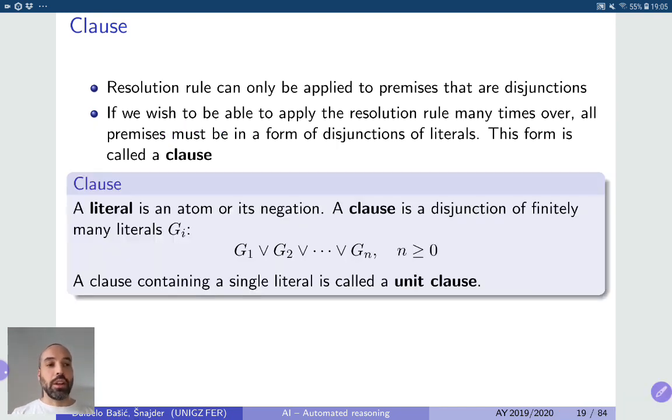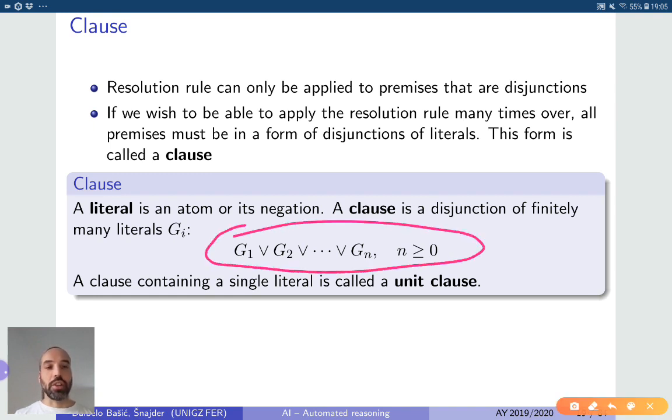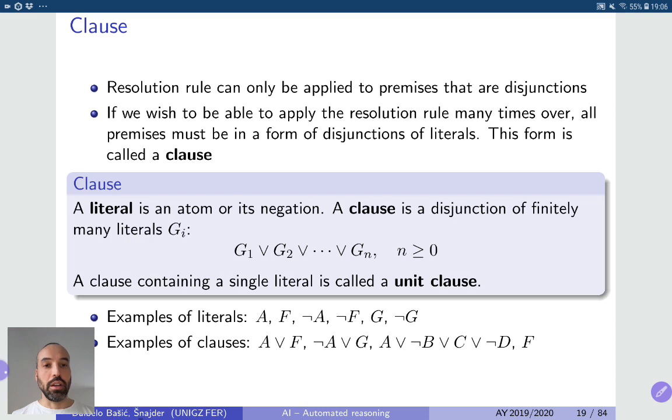Okay, so a clause is basically a disjunction of so-called literals, and a literal is an atom or its negation. If I end up with just a single literal, then this is going to be called a unit clause, so a clause with a single literal.